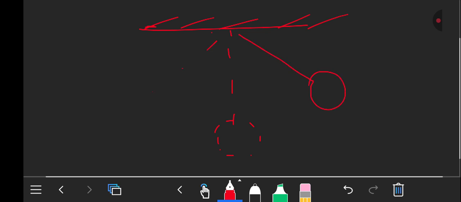Like that. So this bulb is swinging, but initially it has this point. So that is the starting point.